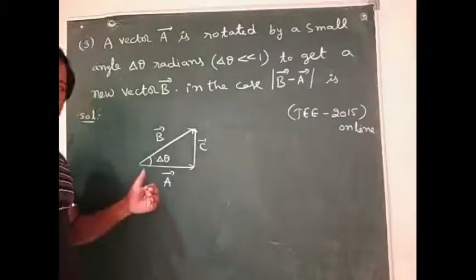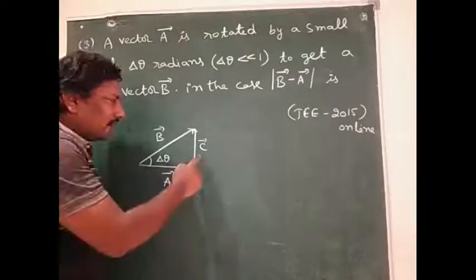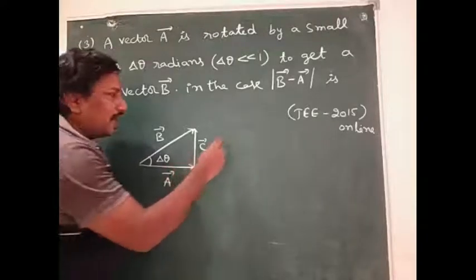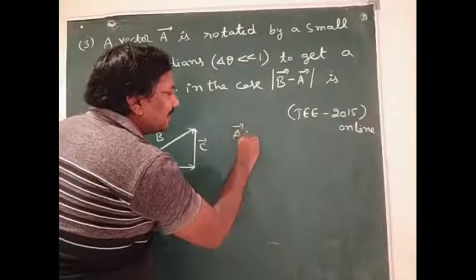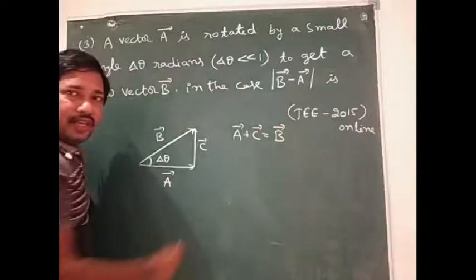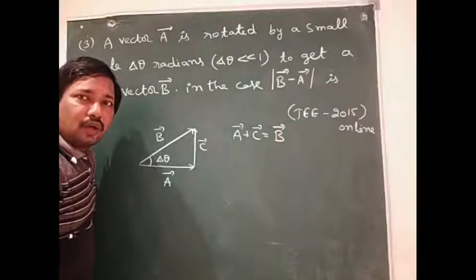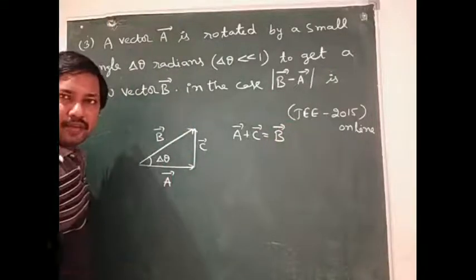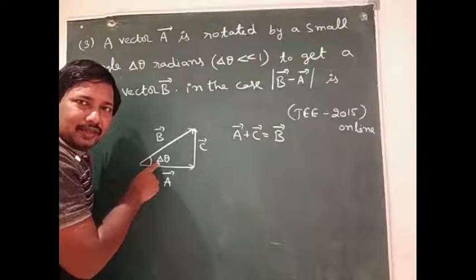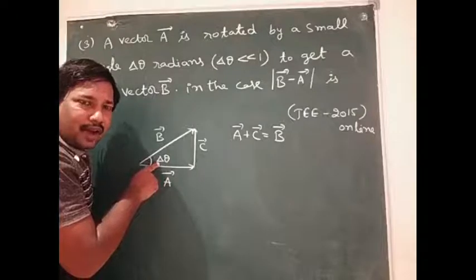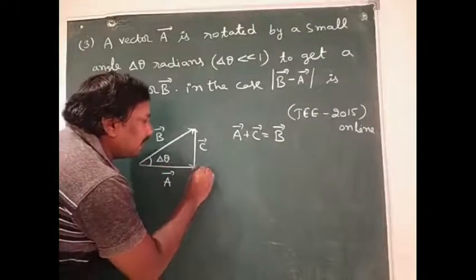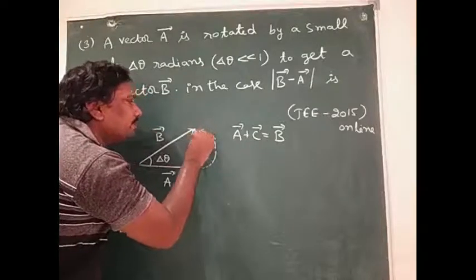Here a bar and another vector c bar, these two vectors are adding: a bar plus c bar is equal to b bar. Here b bar is the new vector. This is the angle between a bar and b bar, that is delta theta. So here it is rotated in this way.